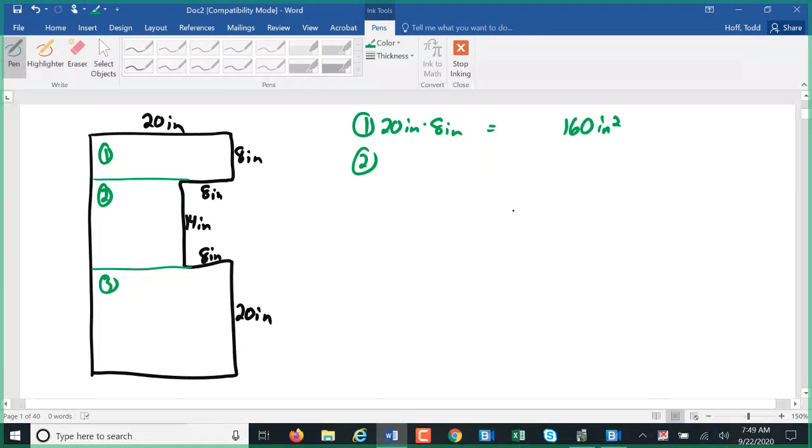Second rectangle requires us to know this dimension right here. What's that going to be? 20 minus 8 leaves us with 12 inches there, correct? So that's going to be 12 inches by 14 inches, 168 square inches.